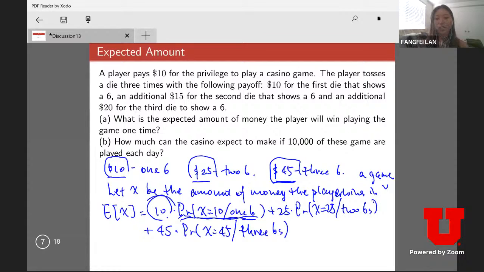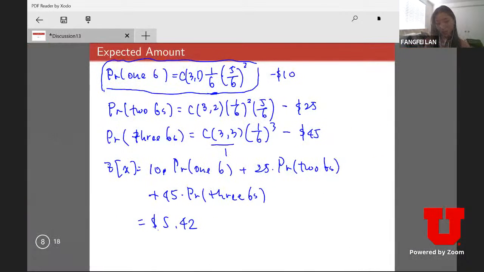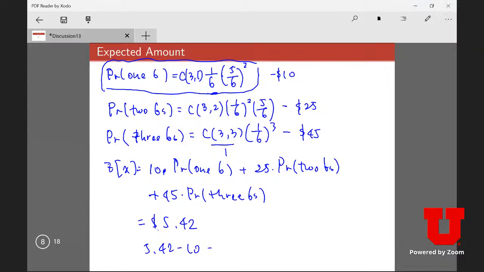On average, how much can a player win during one game? $5.42. Right, but remember they also have to pay $10. So on average, a player wins this much.